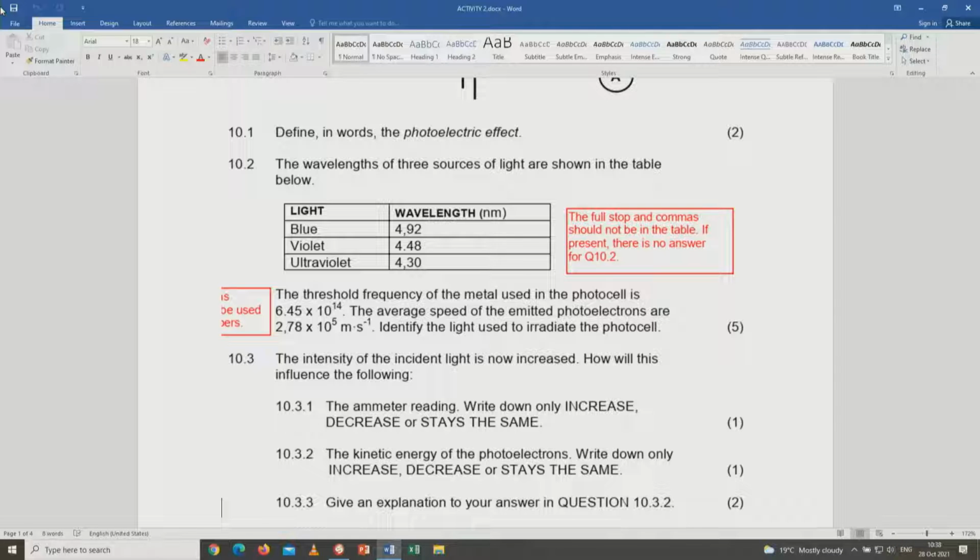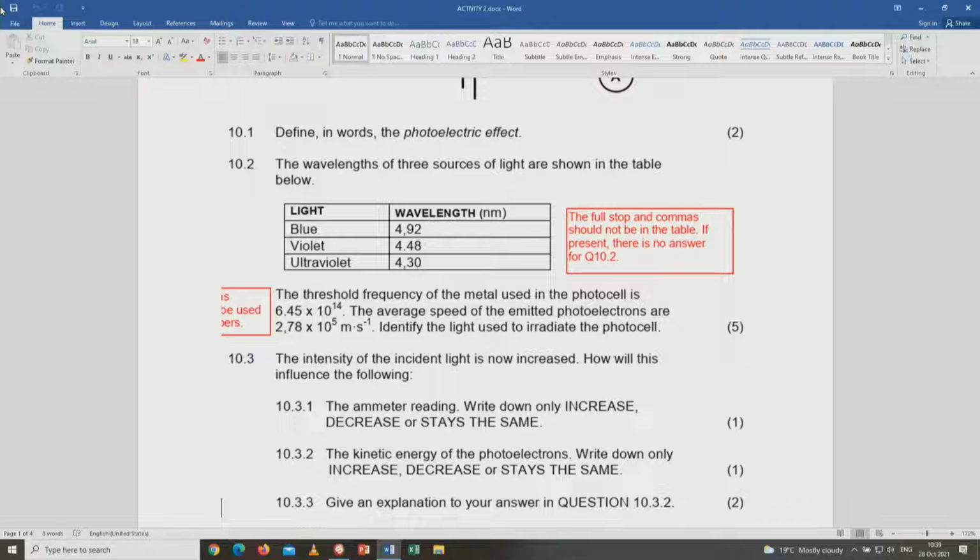If you want to increase the kinetic energy or speed of the photoelectrons, you have to use light of a higher frequency. Here, because the change was in intensity, the kinetic energy will remain the same.